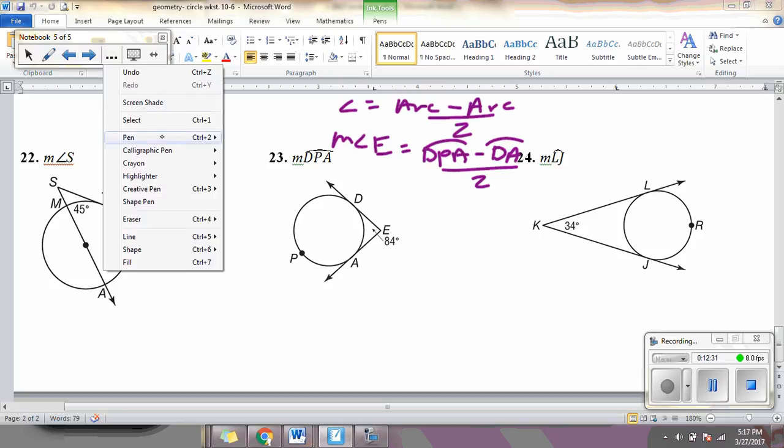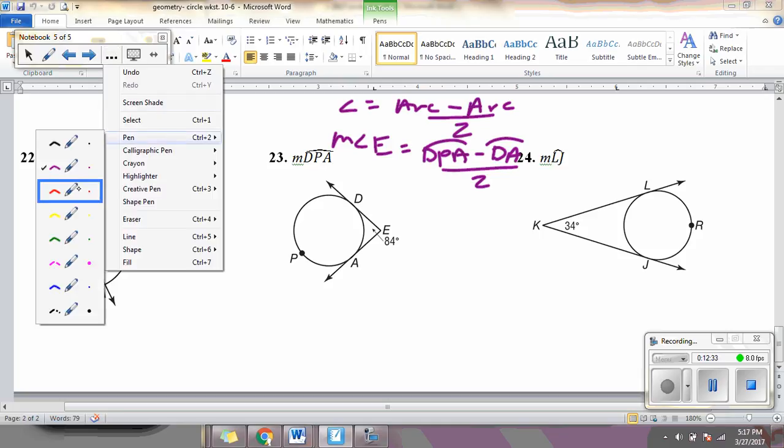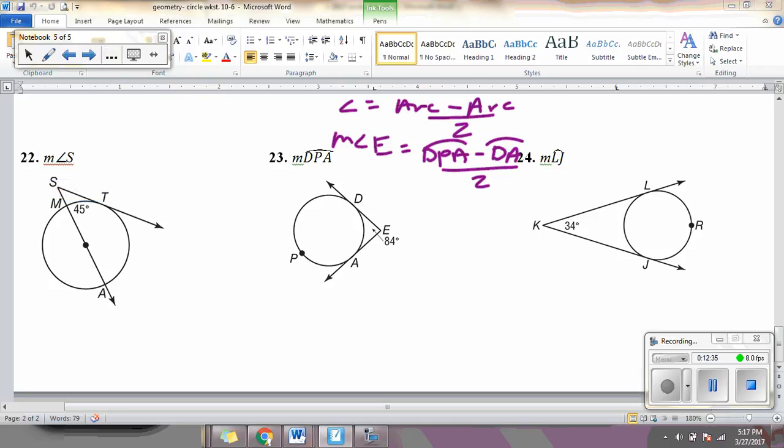Now again, notice I don't have any values for those two arcs. So let's say I call arc DA X, then DPA is going to have to be 360 minus X because the entire circle is 360 degrees.